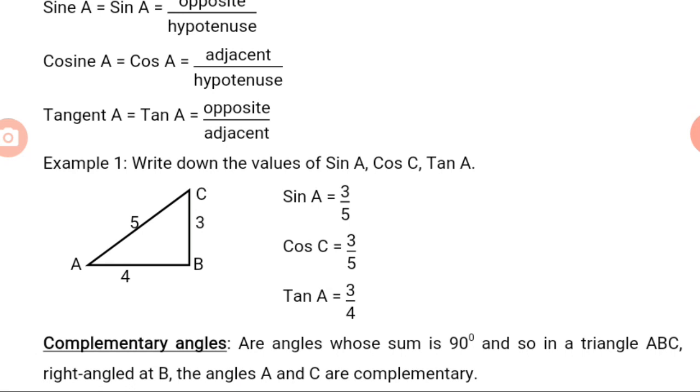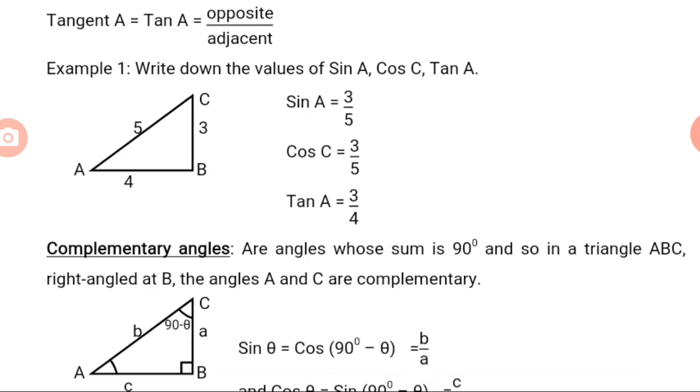Then tan A. Tan is toa, that is opposite all over adjacent. The side that is adjacent to angle A is 4, and the opposite is 3.